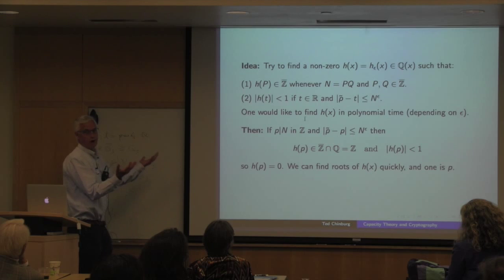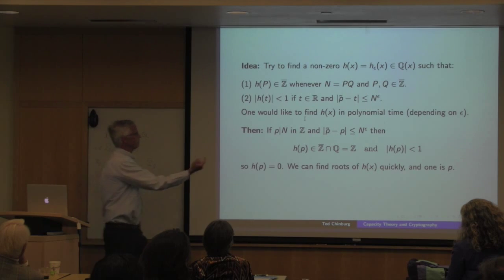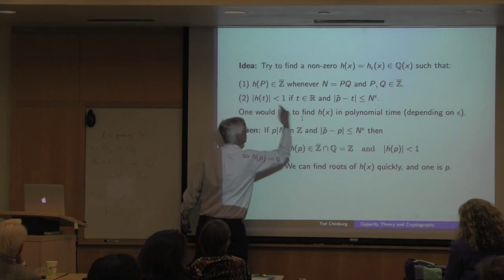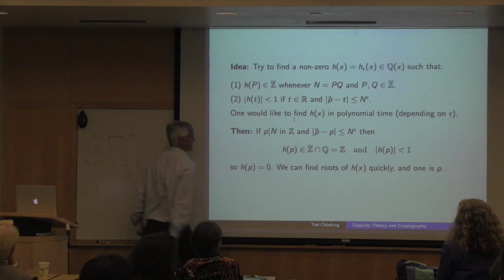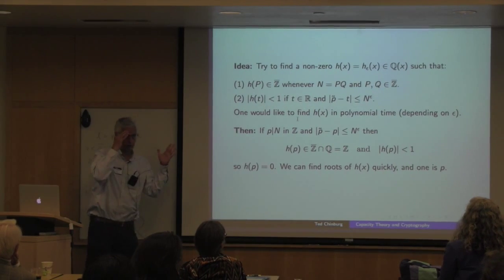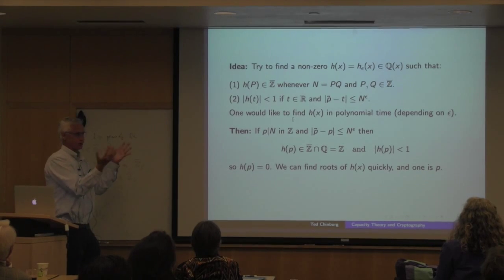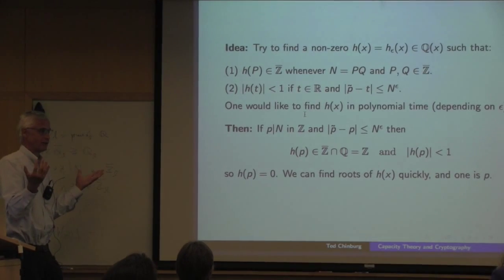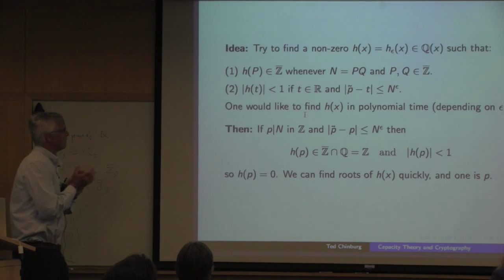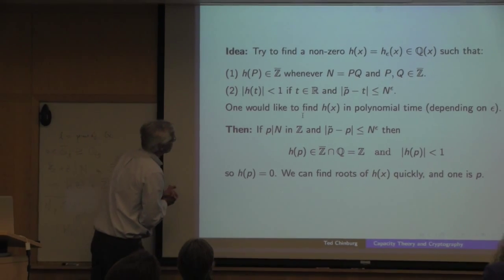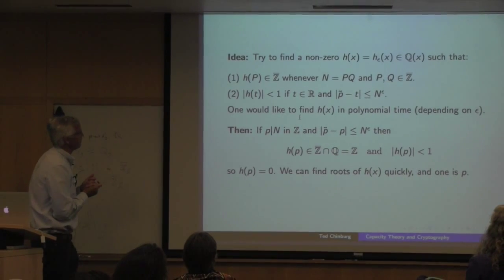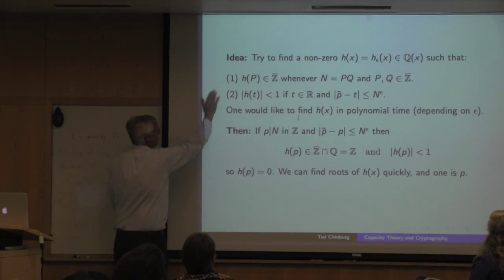So then it's got to be an honest integer. But furthermore, because this P is in this interval that the second condition applies to, the absolute value of H on P is less than 1. So here you've got an integer that's less than 1 in absolute value. So it has to be 0. So the Coppersmith argument was about trying to find rational functions that have this property.